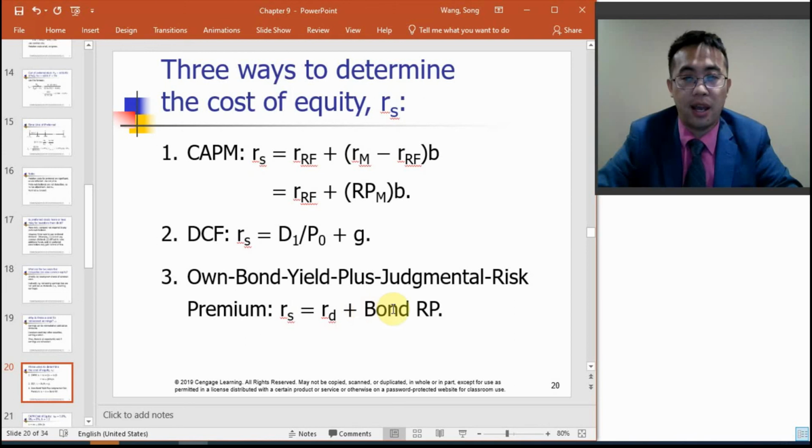They demand extra compensation for that extra amount of risk for the stock, and that premium will be added to the return of the company's bond. So you just use the before-tax cost of debt plus a given number to get the cost of equity, or return of a stock.